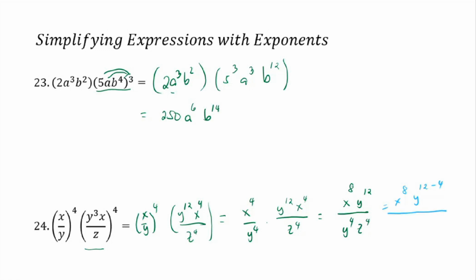That's why we have 12 minus 4, and the remaining term in the denominator is z raised to 4. So we have now x raised to 8 and y raised to 8 because 12 minus 4 is 8 over z raised to 4. So that's the final answer for that problem.